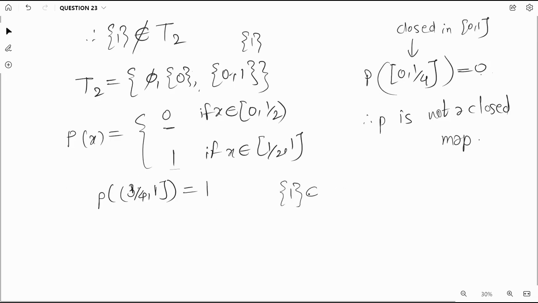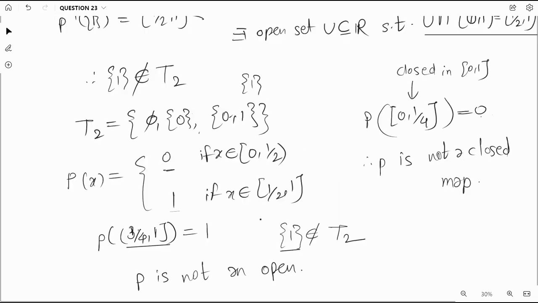No, {1} does not belong to T2. So this set is open in the domain, but its image is not open in the codomain. This implies that P is not an open map, because we got an open set whose image is not open. Thus, P is not a closed map and P is not an open map.